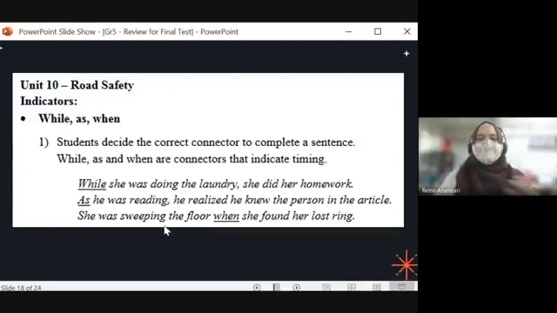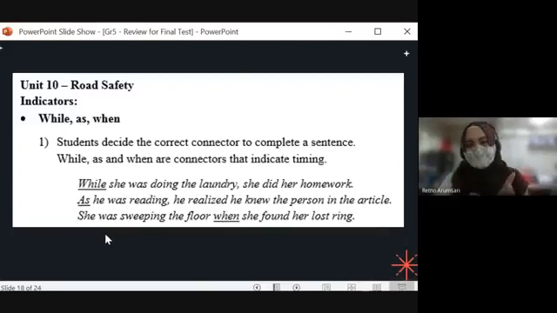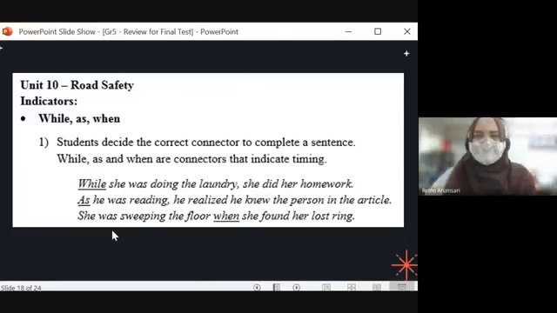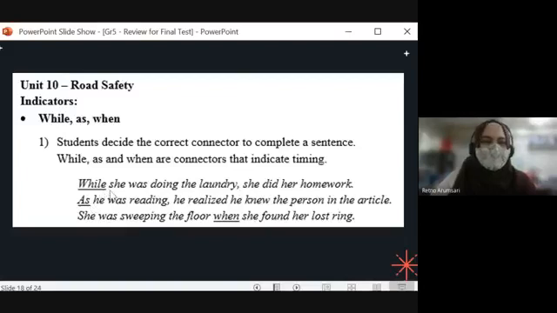Okay? But to make it easier, we're only going to use the pattern like this. We can put when at the beginning of the sentence, but followed by the past simple and then comma and then the past continuous. Like that, Amy. But we're not going to do that in grade 5.